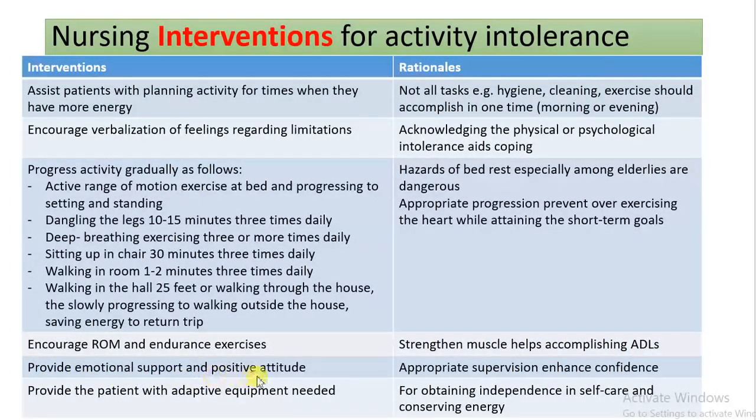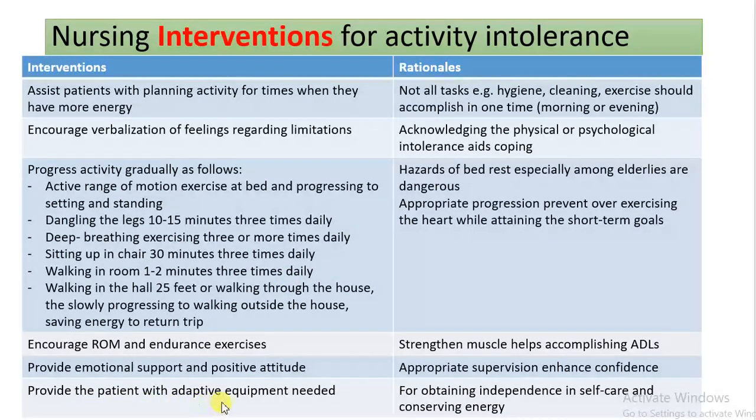Provide emotional support and a positive attitude. Appropriate supervision enhances their confidence. Emotional support, positive attitude, and progression help them to progress every day, and maintaining this positive attitude and emotional support is more important.